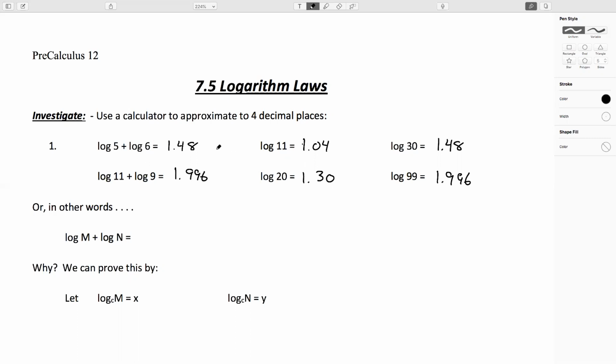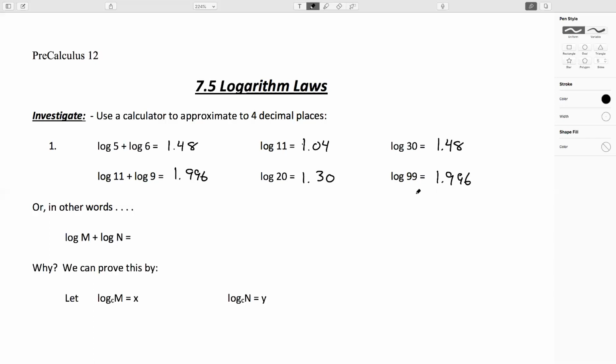So adding the arguments doesn't work. However, log 30, which is 5 times 6, gets us the same number. If we do the same thing with some other numbers, log 11 plus log 9 is 1.996. Log of 20, where 20 is 11 plus 9, is not the same. However, log of 99 is, and 99 is 11 times 9.